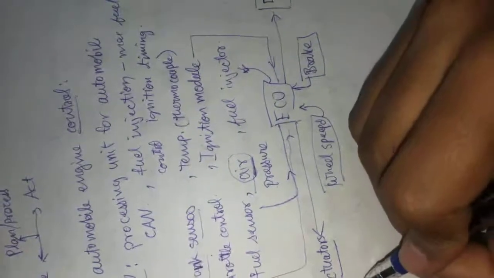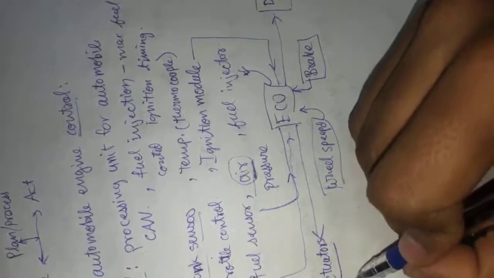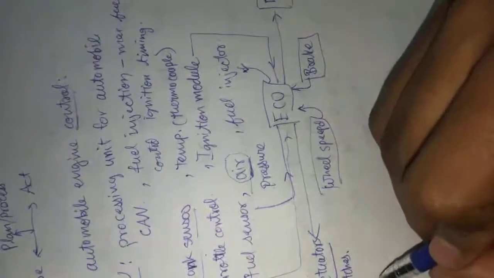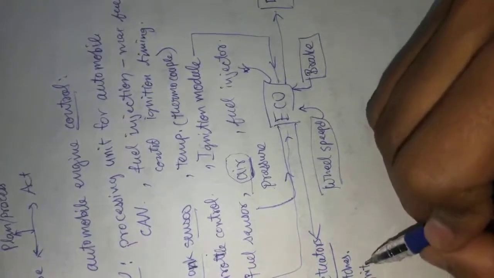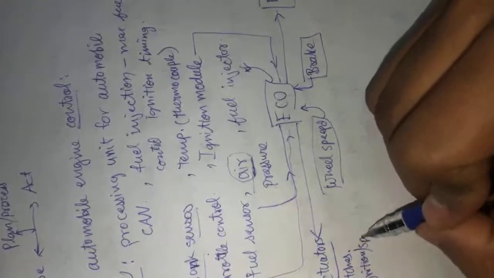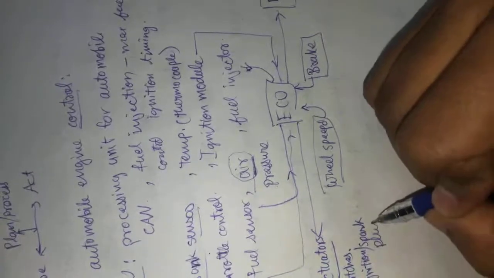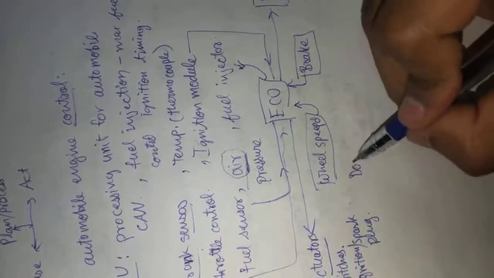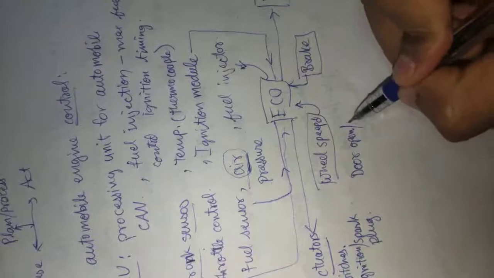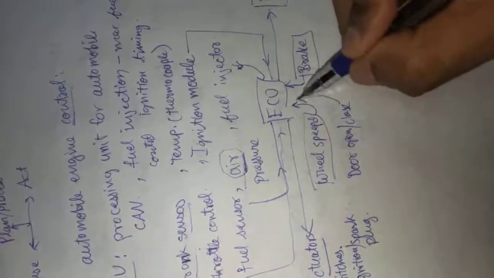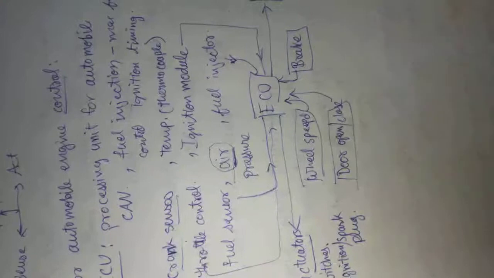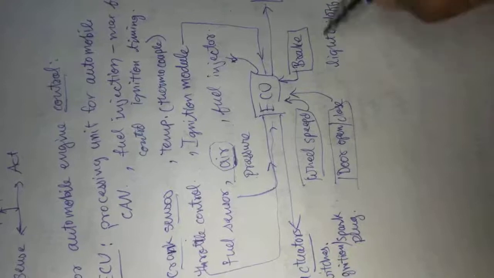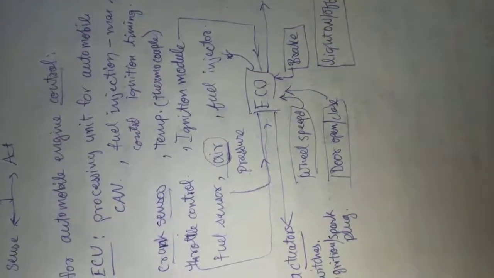Actuators can switch the supply on and off, such as the ignition or the spark plug, and so on. The sensors for door open and close and lights on and off are all indications given to the ECU, and that is shown on the dashboard.